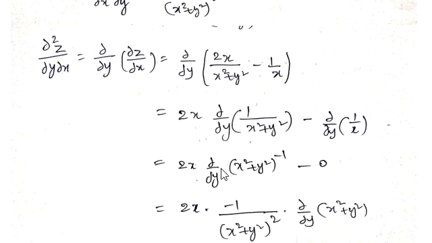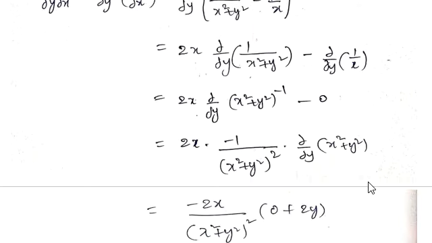So the differentiation of ∂/∂y of x square plus y square to the power of minus 1, and this is 1 by x, with respect to y x is constant, so the total term is treated as constant whose differentiation is 0. We're writing in the next line here, and if you do this differentiation on this term, it is once again n into x to the power of n minus 1, and we're writing this term in the denominator, so we can write plus here as discussed in the earlier steps, and ∂/∂y of x square plus y square.